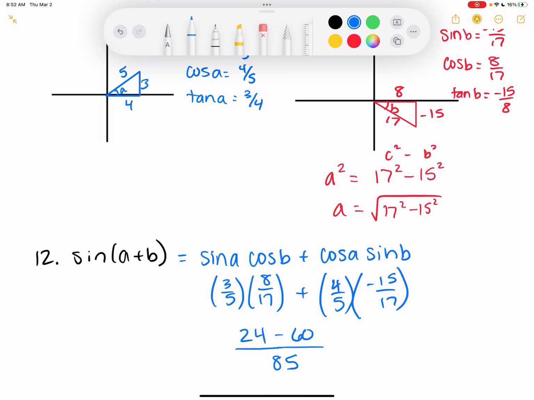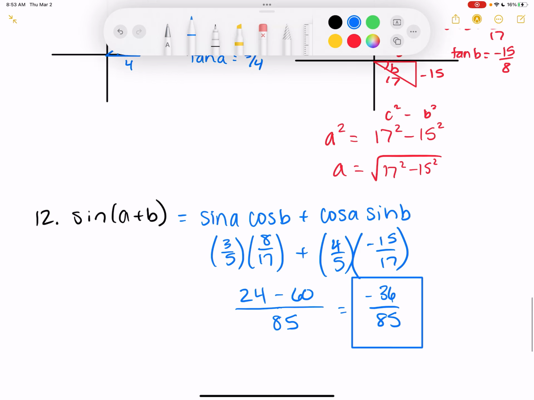So 24 minus 60 on top over 85, so that's going to be negative 36 over 85. Once you set it up, it's literally just algebra, and if it doesn't have a common denominator, getting one. But because of how this falls, usually it has one.